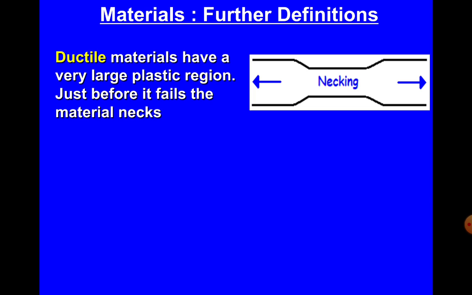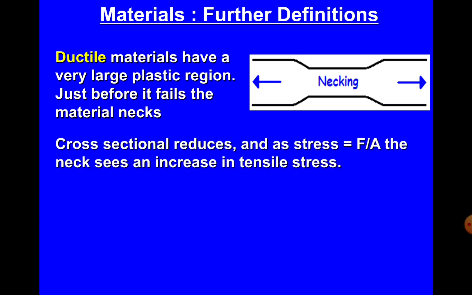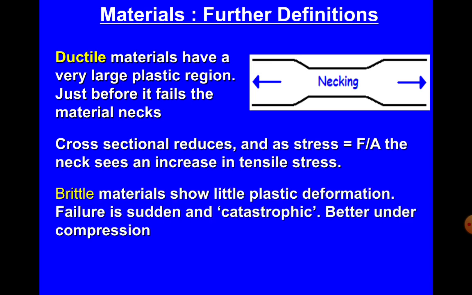If we get necking, there's an increase, of course, in the tensile stress, force over area. Materials that show little plastic behavior and fail suddenly, we call brittle. Okay. Loading and unloading.